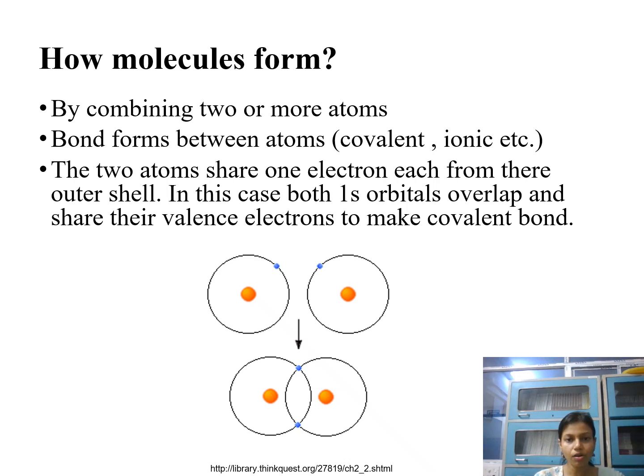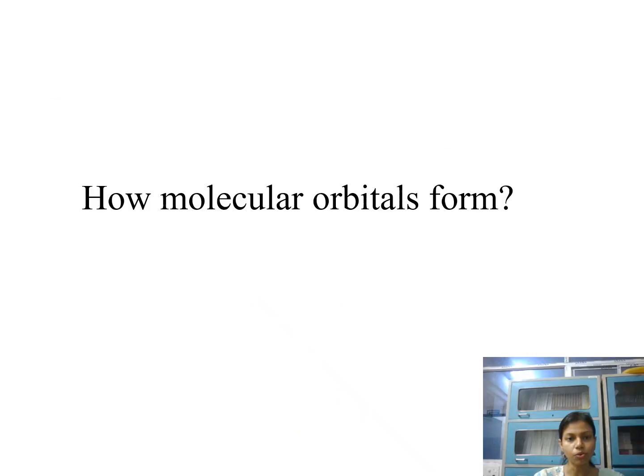In general, according to valence bond theory, if two atoms with electrons come closer and their orbitals overlap, their electrons are shared by both, and this way a covalent bond forms, right? So this is the general theory of how molecules form, we all know.